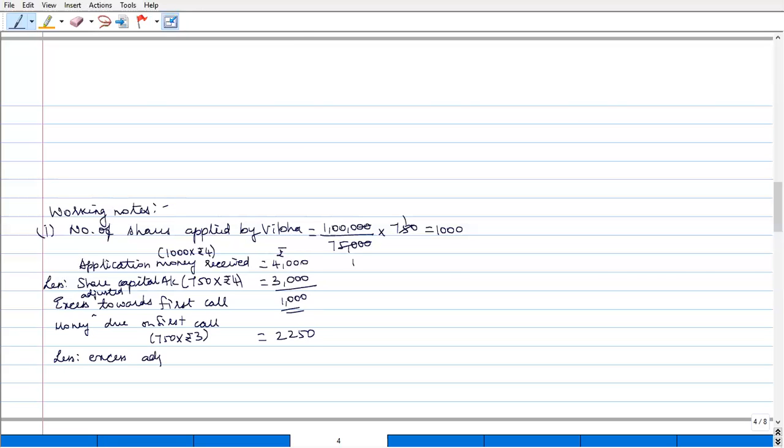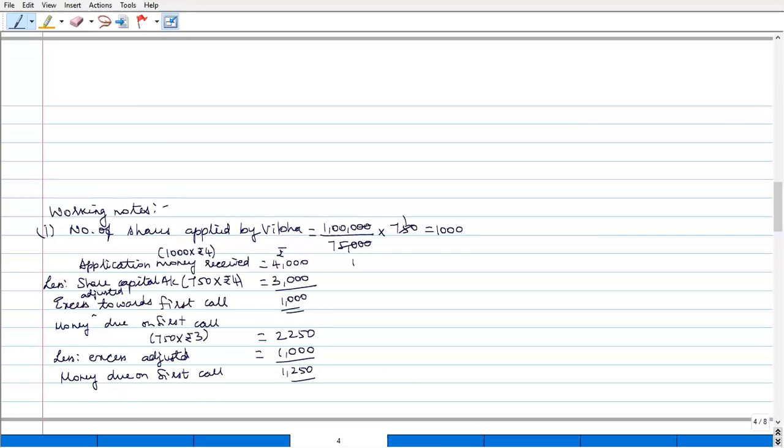So the excess adjusted is rupees 1,000. So how much she has to pay? She has to pay 1,250. Money due on first call. Okay. So 1,250 has not been received from Vibha.